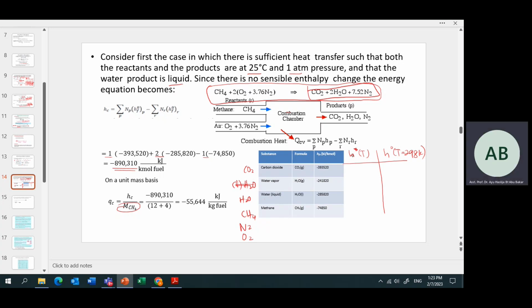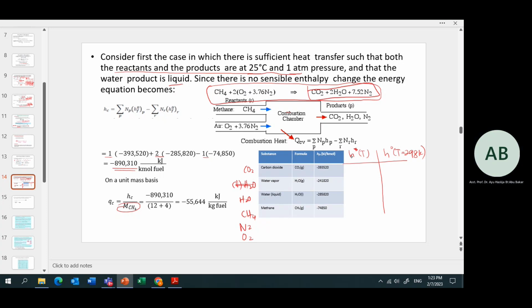What is the given temperature over here? There is no given temperature in the input, right? So we assume 25 degrees C. Here, the reactants and the products are already mentioned to be at 25 degrees C and 1 atm.